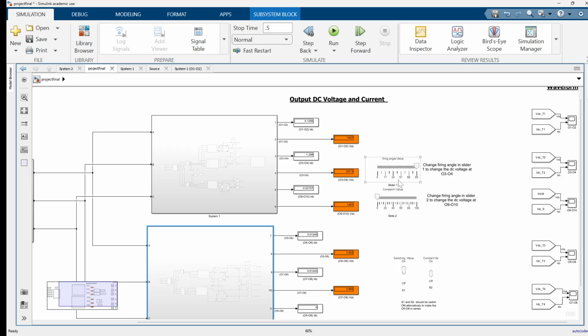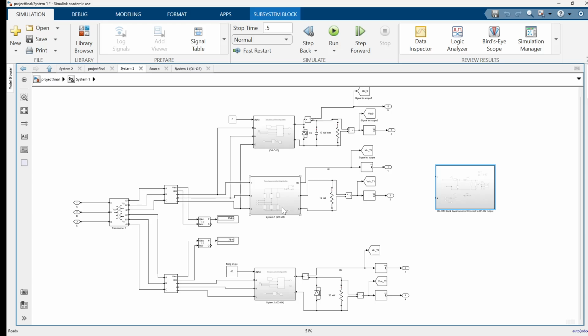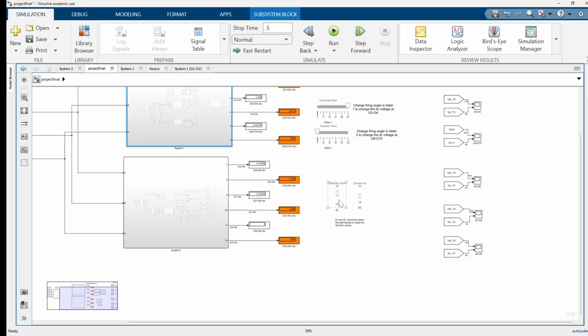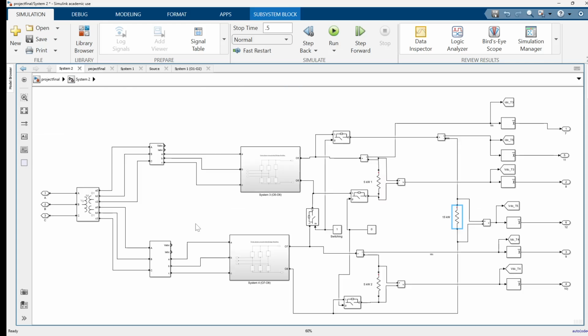You can see that I'm using two sliders to control the rectifiers for O1, O9 to O10, and O3 to O4. I will discuss this in detail, and I'm using two switches to connect these two rectifiers in series.